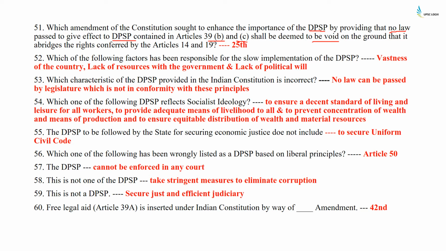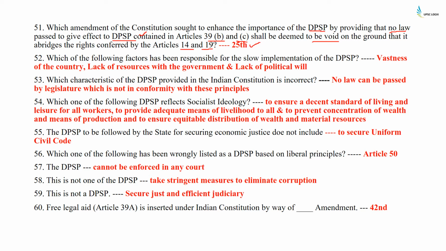This means that no law passed to give effect to directive principles, if it was in contradiction with Articles 14 and 19 and was contained in Article 39B and C, would be void on grounds that it was in violation of fundamental rights under Article 14 and 19. This was done by the Constitutional Amendment Act number 25.